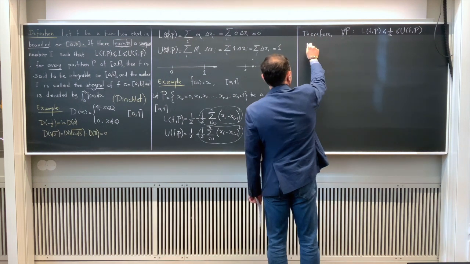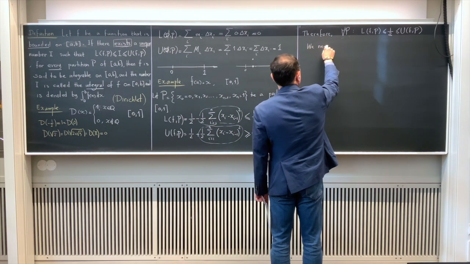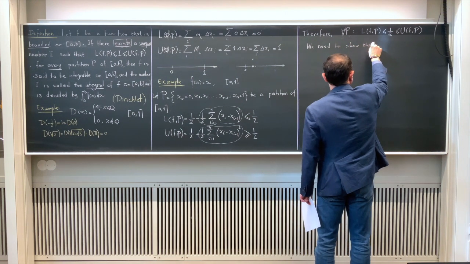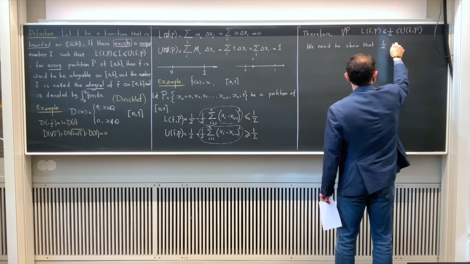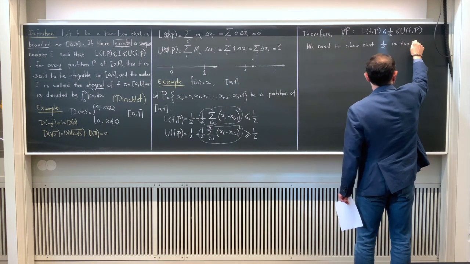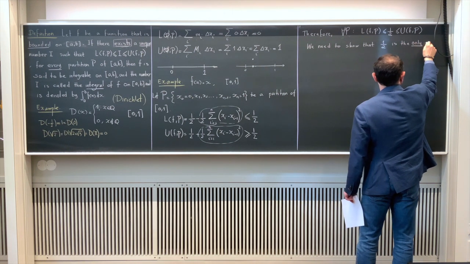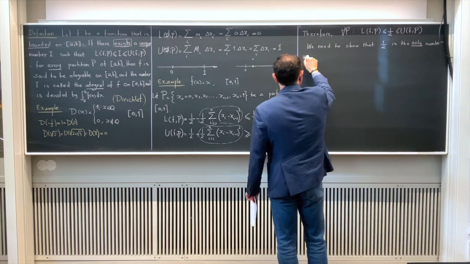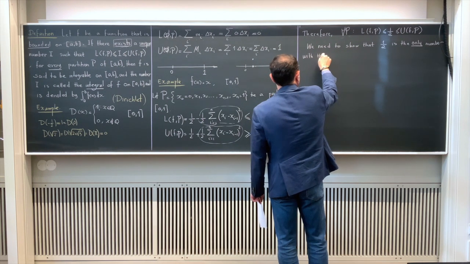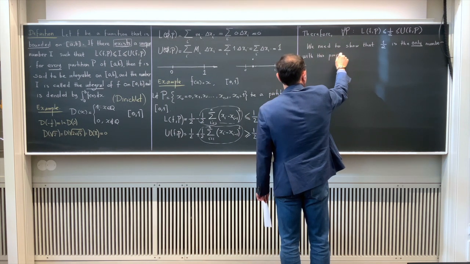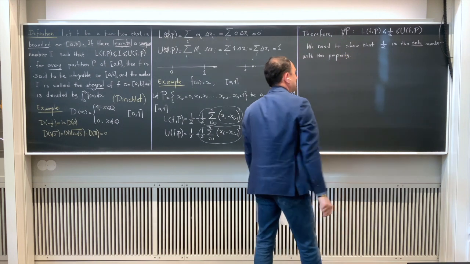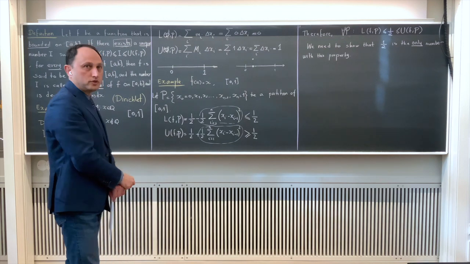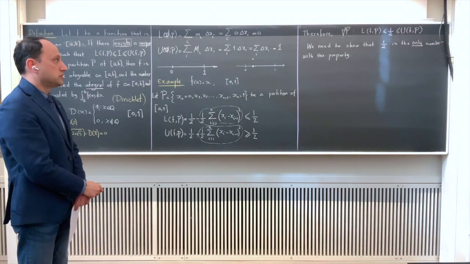So we need to show that 1/2 is the only number with this property. Yes? By this property I mean it is smaller than all upper sums and greater than all corresponding lower sums.